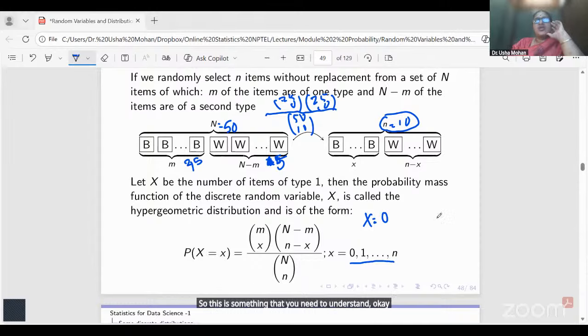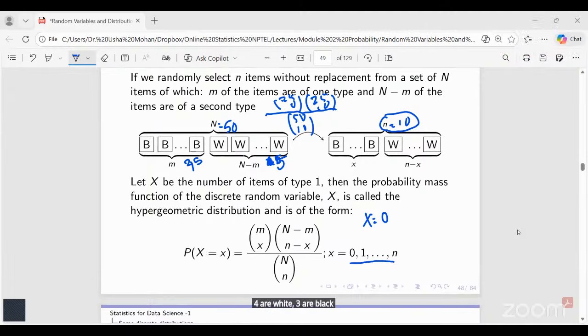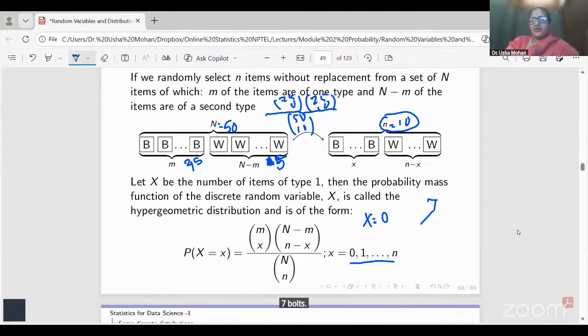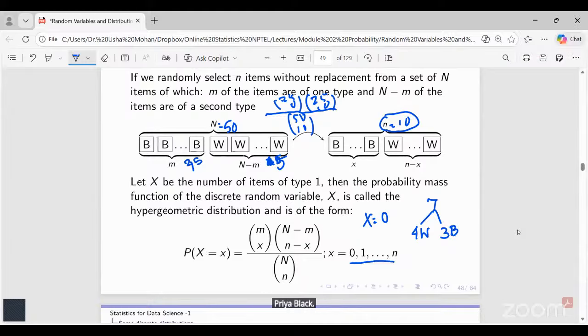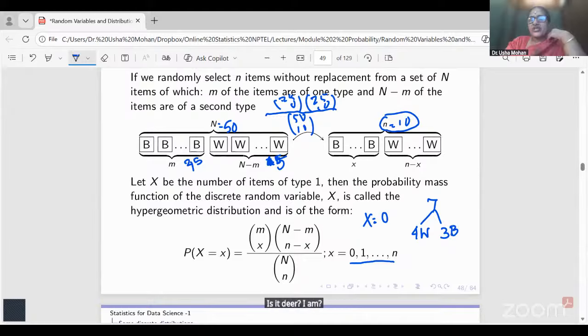Now suppose I have 7 balls, and I'm choosing 2 out of them. 4 are white, 3 are black. Is it clear? I am choosing 2 from these 7.